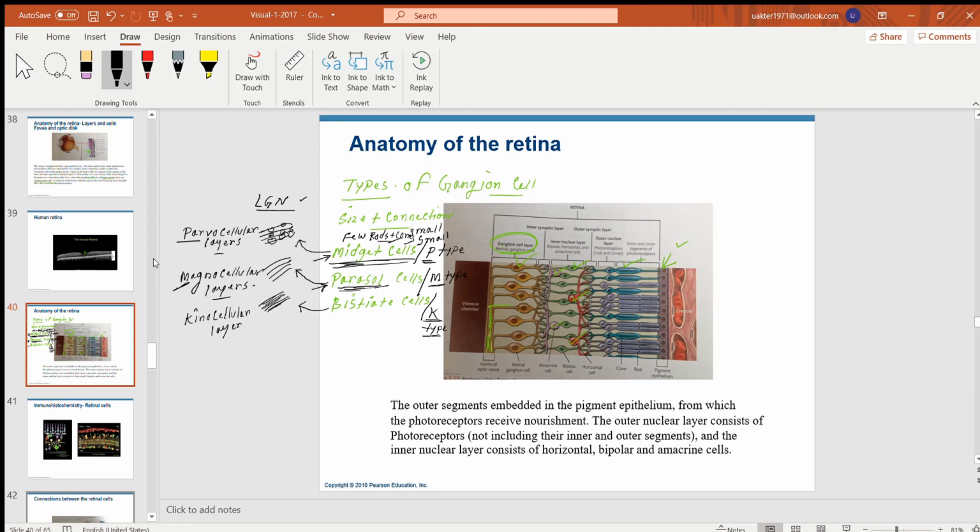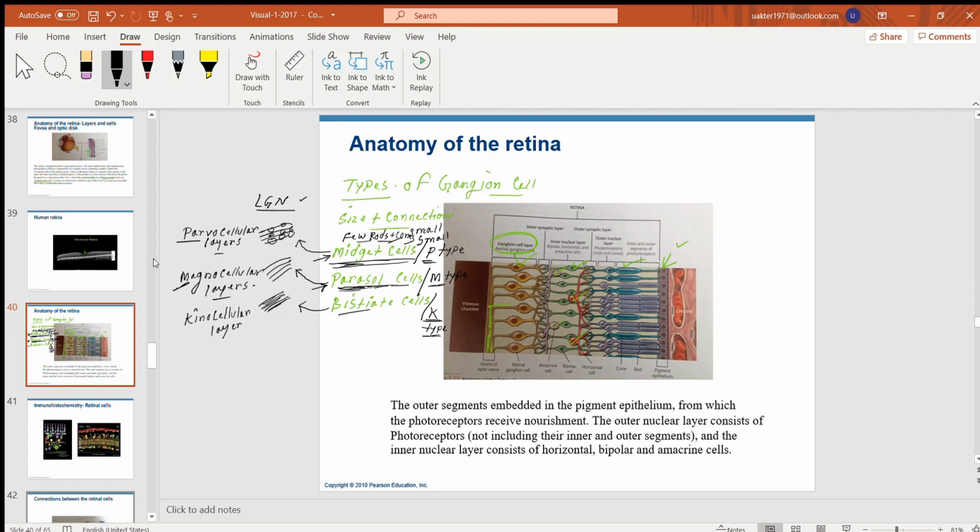So they are very sensitive to the change of contrast. And parasol cells receive signal or input from many photoreceptors. So each parasol cell receives signal from number of rods and cones more than the midget cells.